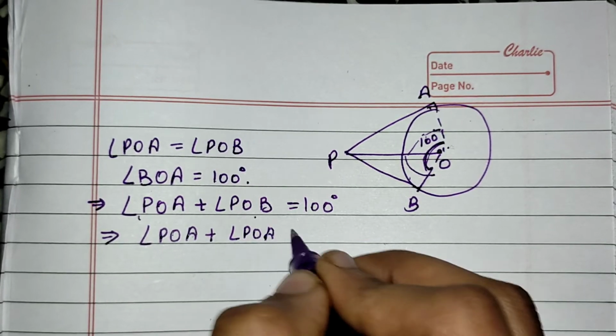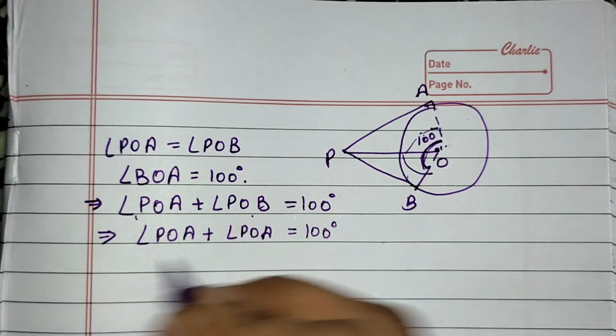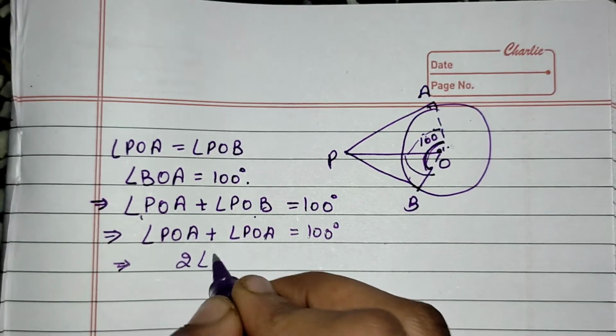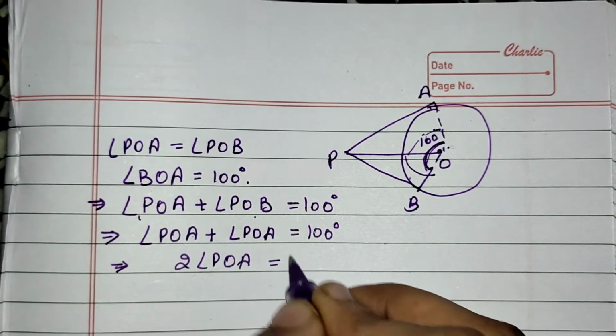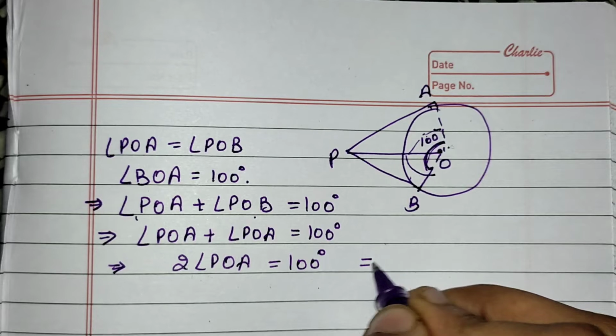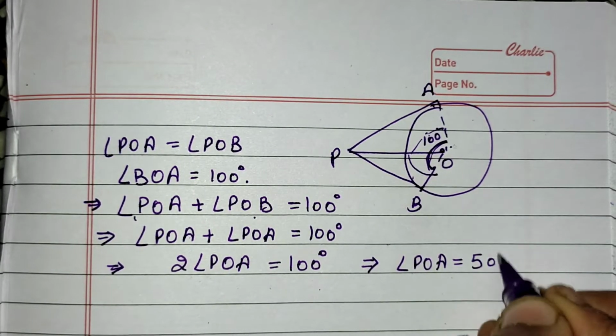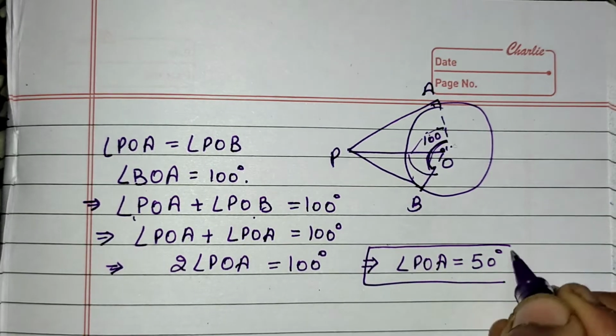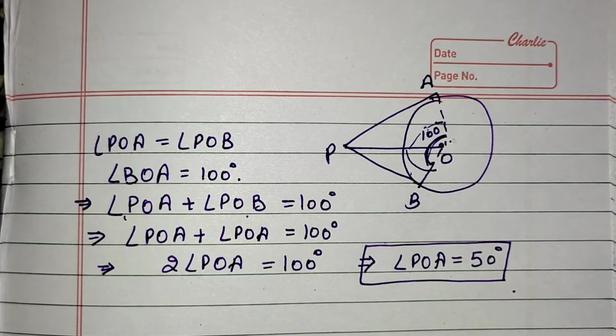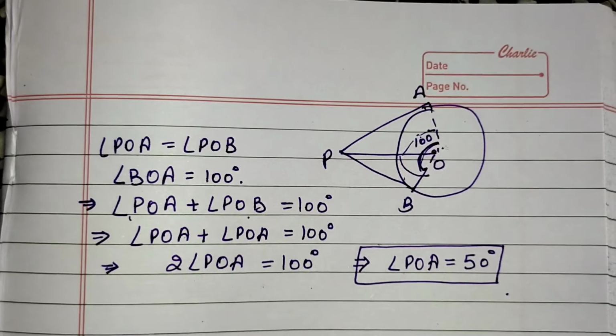In place of POB I can write POA again. So 2 times angle POA is equal to 100 degrees, so my angle POA is equal to 50 degrees. This much I had to find out in this question, right?